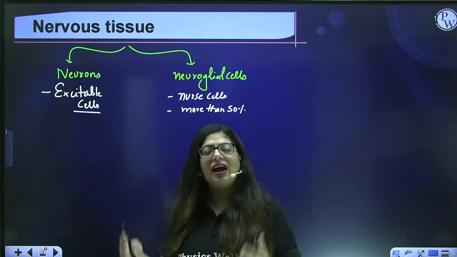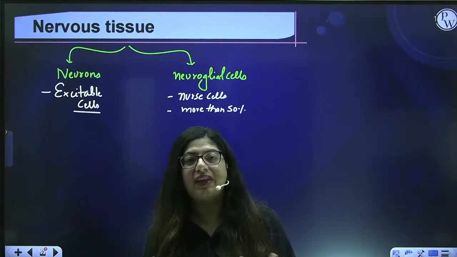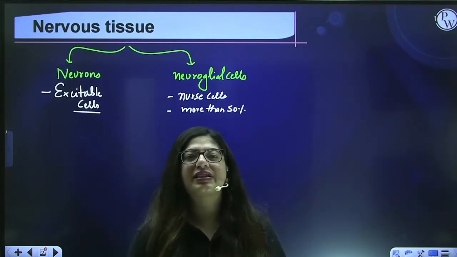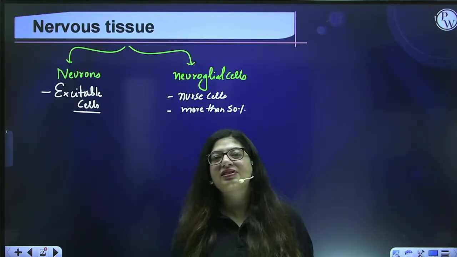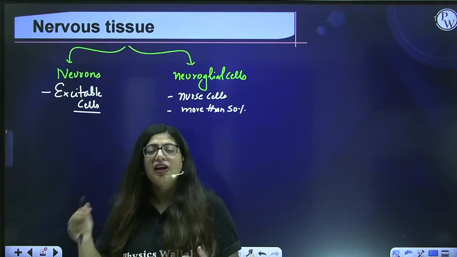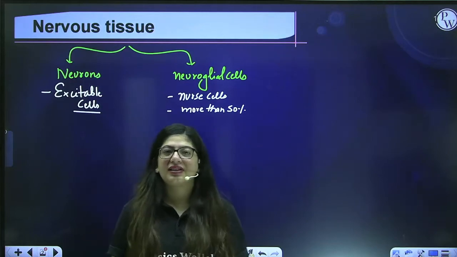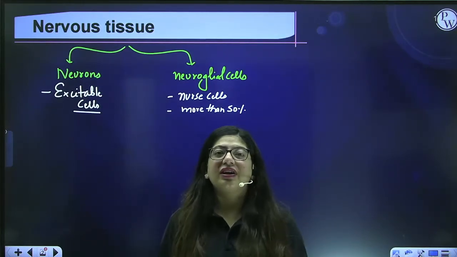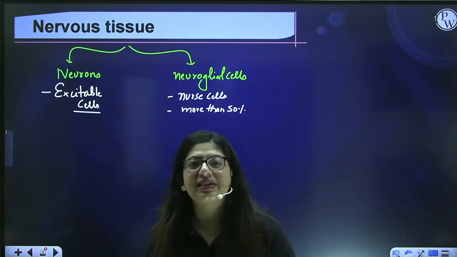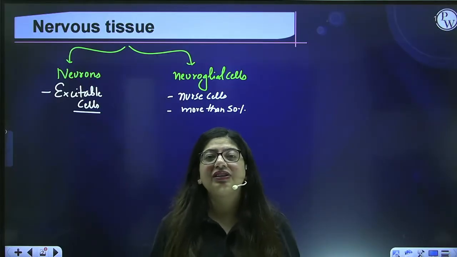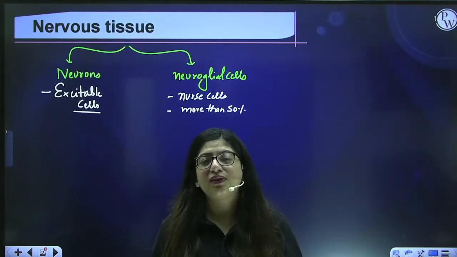Any cell that can respond to this excitability property is also an excitable cell. For example, the neurons can conduct this electrical impulse, so they're excitable cells. These electrical impulses can travel through muscles as well. We have done this in the chapters body fluids as well as locomotion.